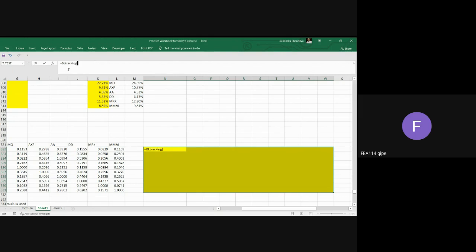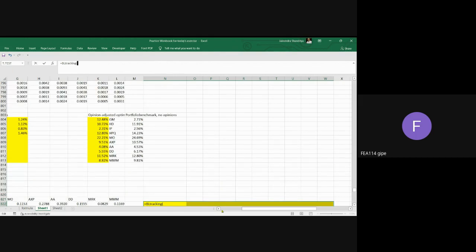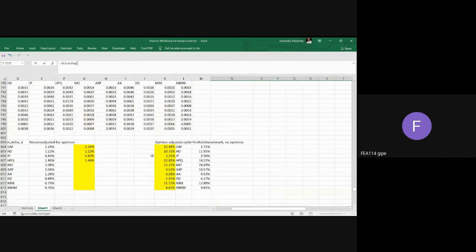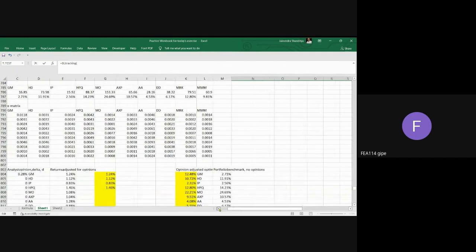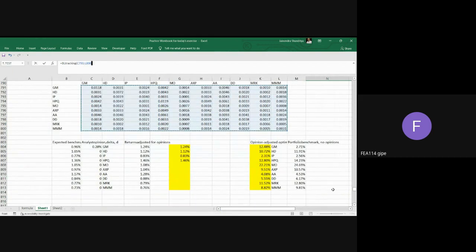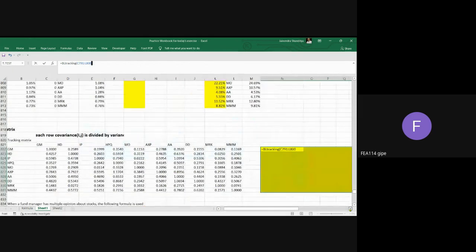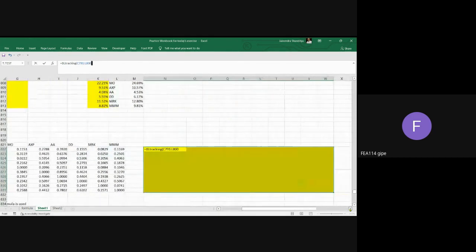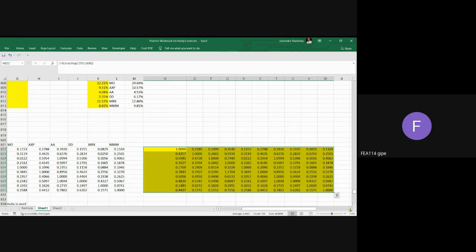And then here I select the entire variance covariance matrix. If I by any chance miss something, because I may not see everything, my formula will show it. So I come back here in my tracking matrix. And then I use Control Shift and Enter. So I've got the value for all.